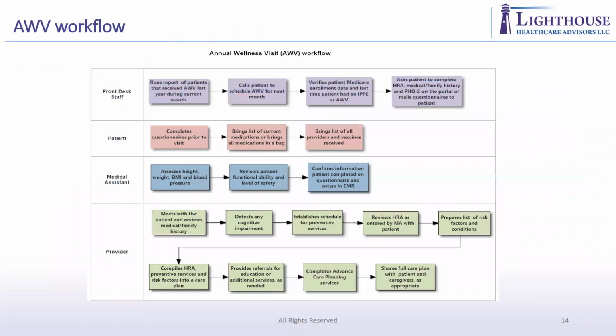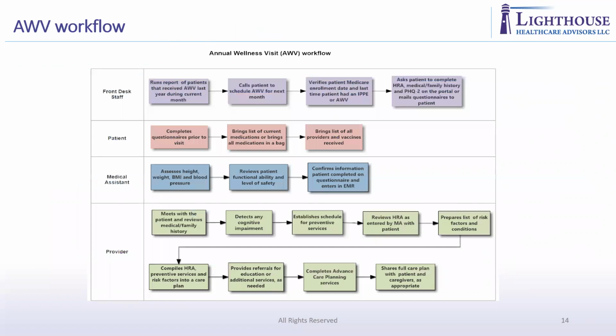So let's talk about the workflow. We have here swim lanes, and we've got each team member that's going to be involved in the annual wellness visit in the first column, and then the tasks that they will follow in order to help the patient through the annual wellness visit in the boxes in the flow chart.